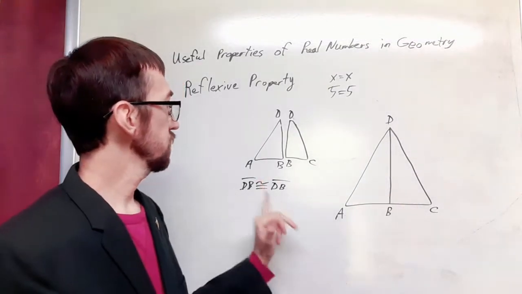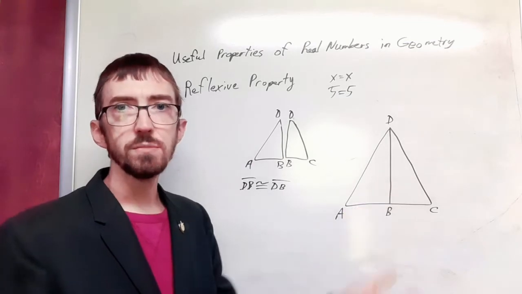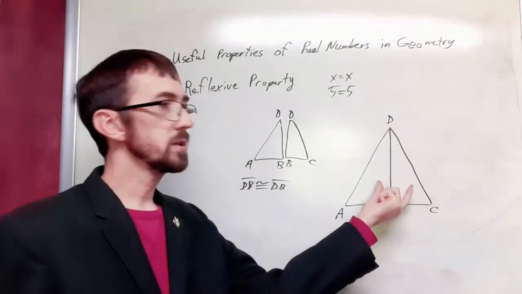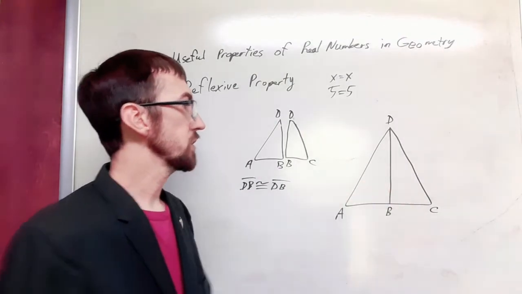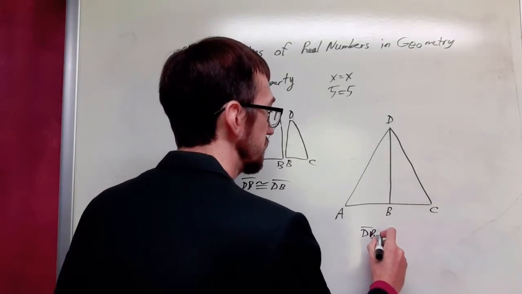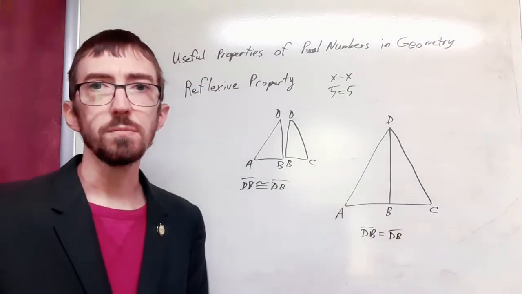The way we get these congruent sides is we took segment DB and split it into two pieces. But by the reflexive property, we could have stated that to begin with from this triangle. So in argument form, we could have said that DB is equal to DB by the reflexive property.